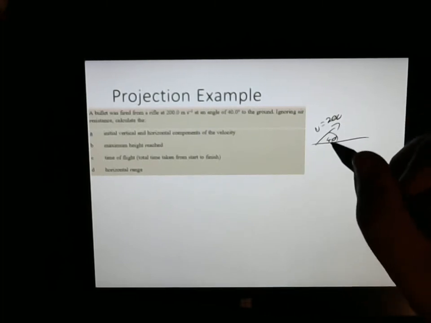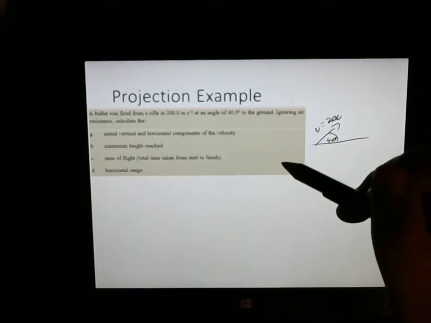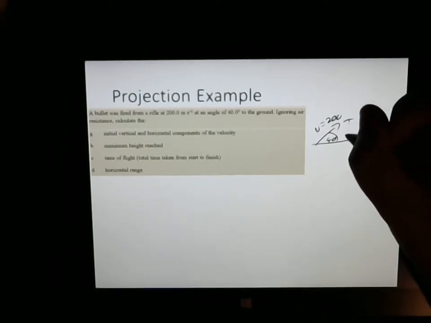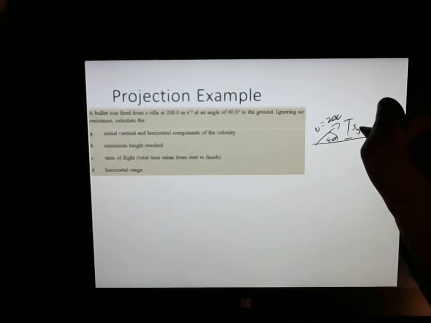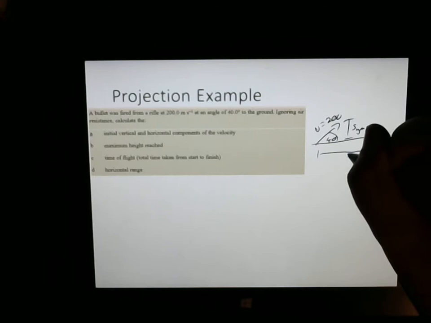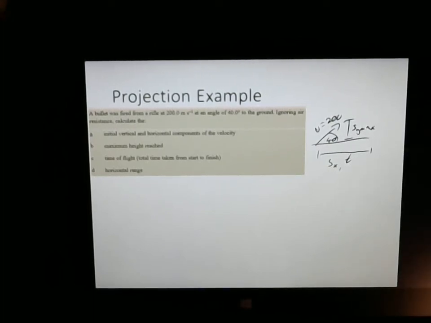And we want to know, well, firstly, what are the initial parts of the velocity, maximum height, how high did it go? Call that ymax. We want to know the time of flight, and we want to know the horizontal range, how far did it go? Okay, so there's a few things there we need to work out.